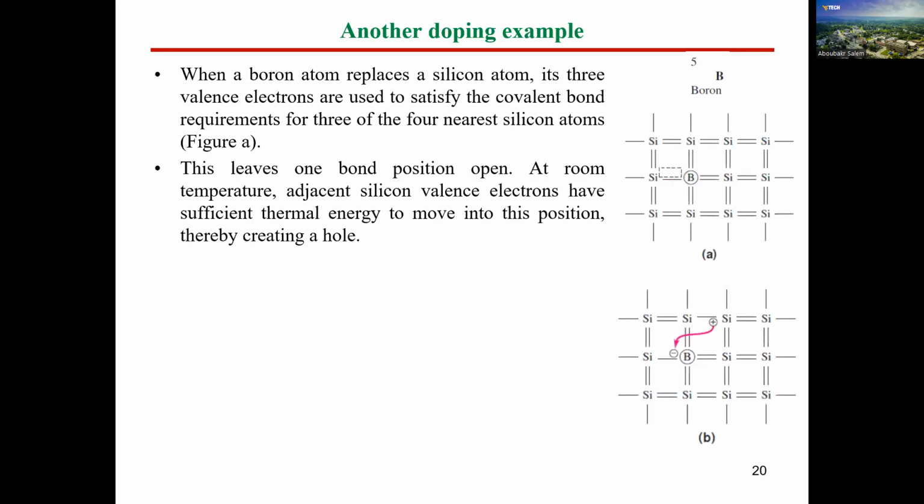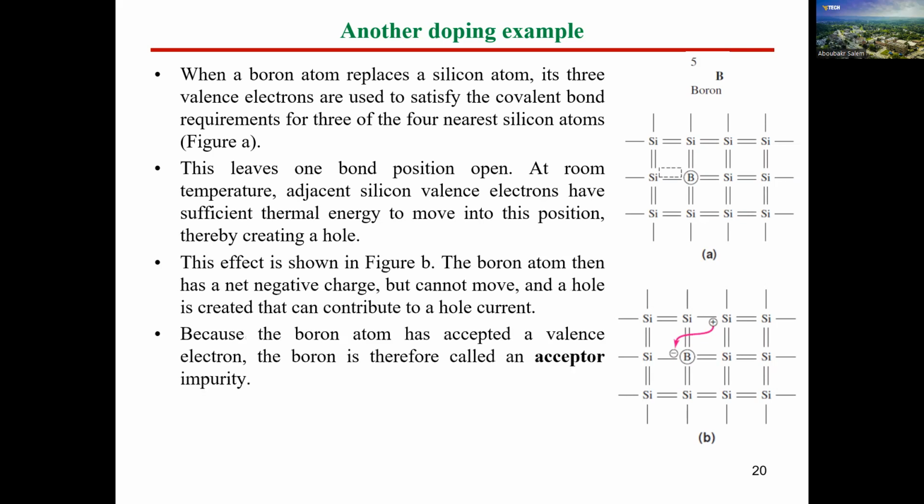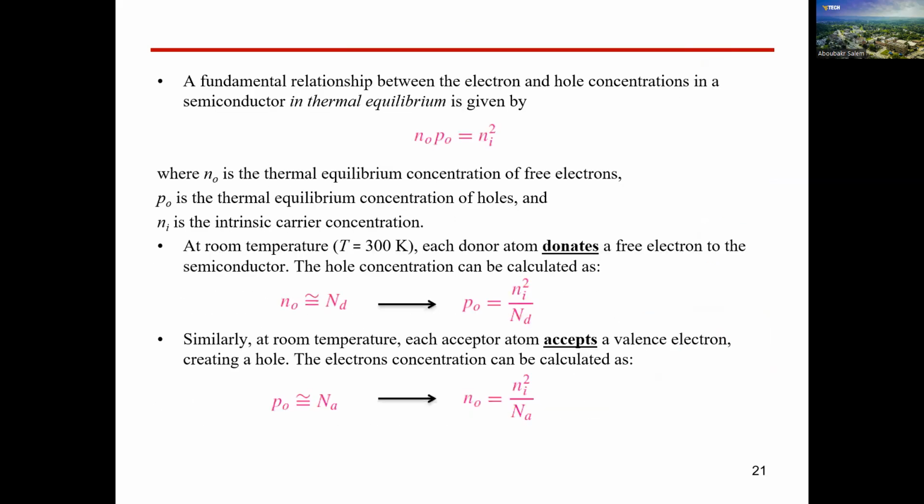And we also discussed another example, which is boron, and the boron has only 3 electrons in the last shell. So the boron makes one missing electron, or let's say one hole, and this hole makes the composite a p-type material. So we call it an acceptor, and it's p-type material.